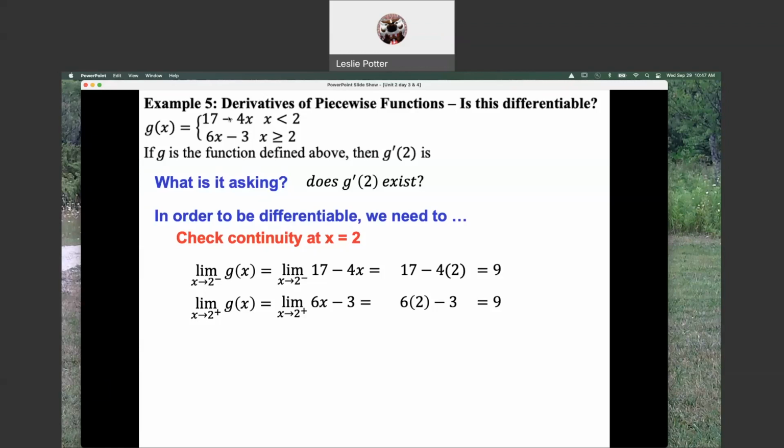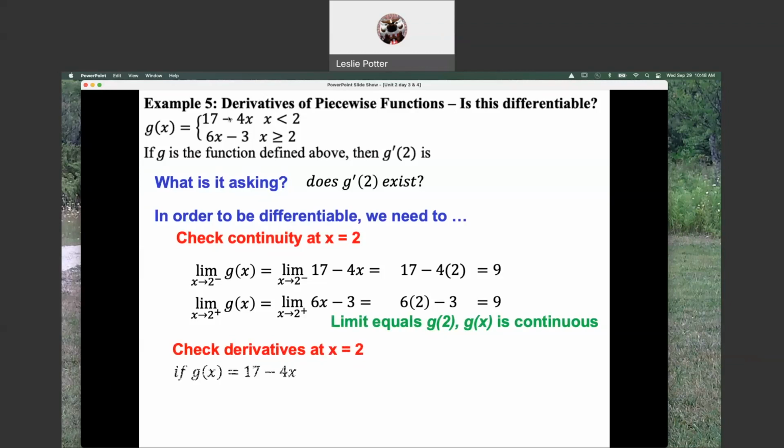Now we have to check derivatives and make sure our derivatives match. What is the derivative of the top function? Minus 4, right? It's a linear equation.